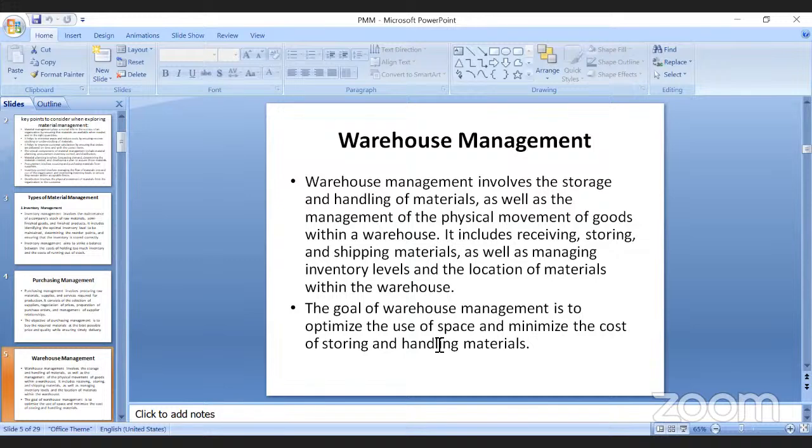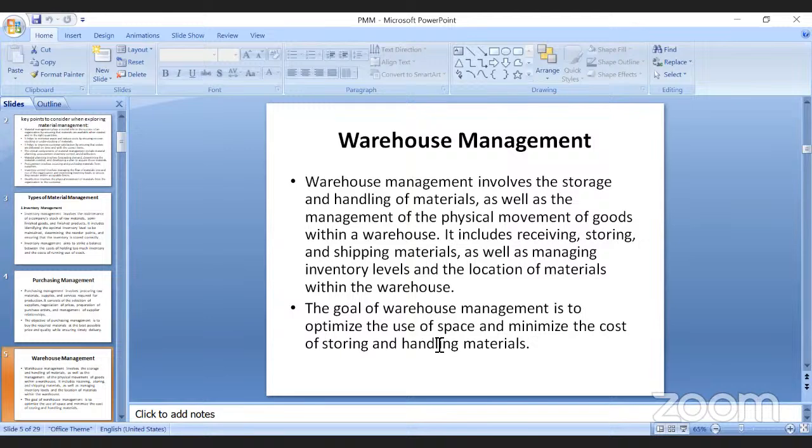Similarly, if the raw material is stored in a warehouse and does not go to the production system, we will face lots of problems. So what is the motto? You have to receive, then store, then ship the raw materials to the inventory levels.